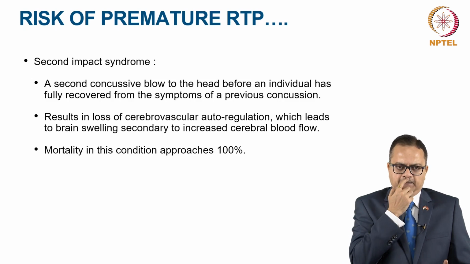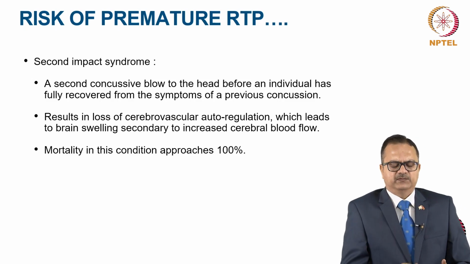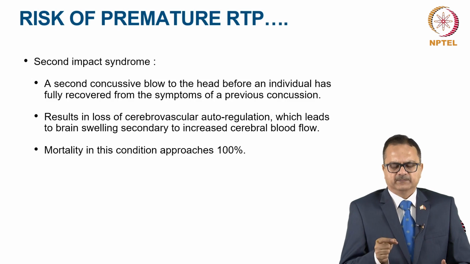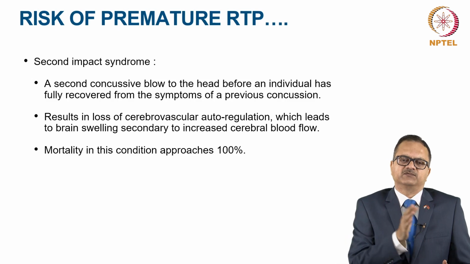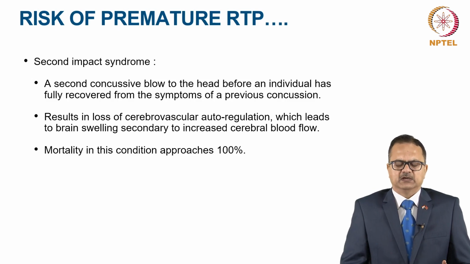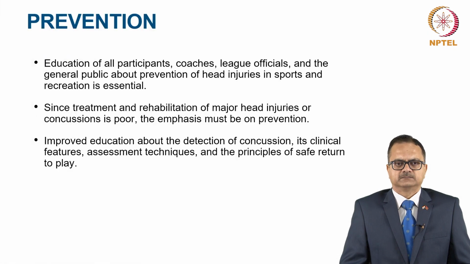Please note, if the individual has got a concussion, he gets a second concussion before the symptoms of the first have resolved, he will develop something called second impact syndrome. The problem with this condition is the mortality is almost 100%. So that is why we have to be very careful in returning these people to sport after a first concussion.